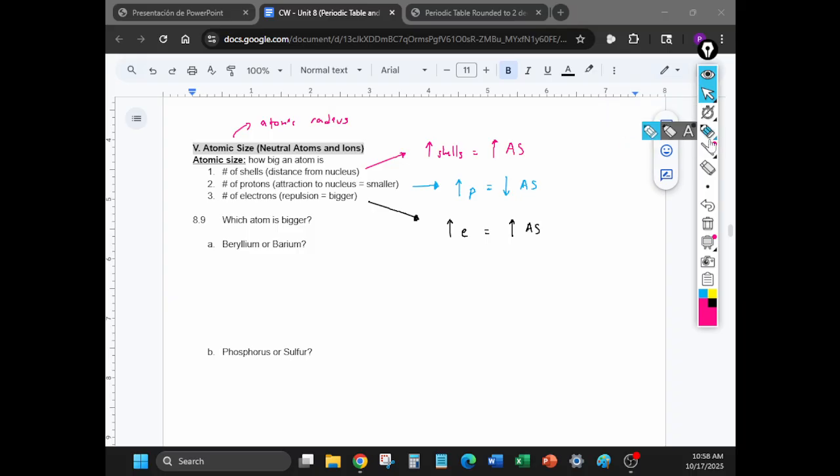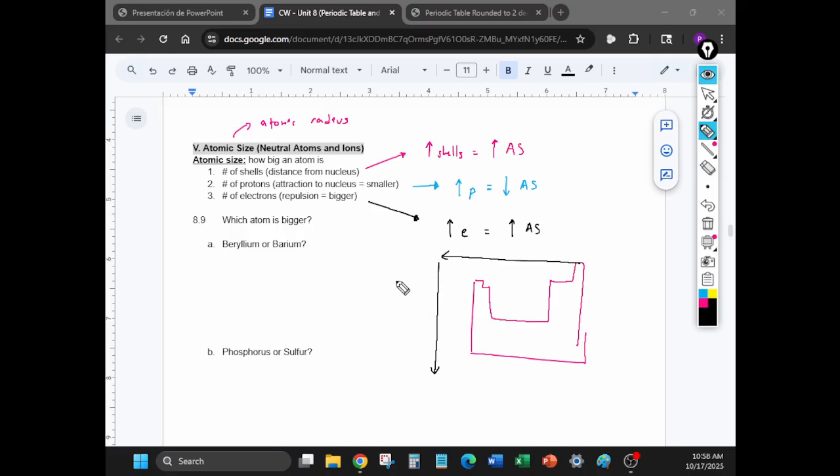Okay, so there's a pattern for this as well, and it's actually the exact opposite of electronegativity. So if you have your periodic table, as you go to the left and as you go down, it's going to get bigger.